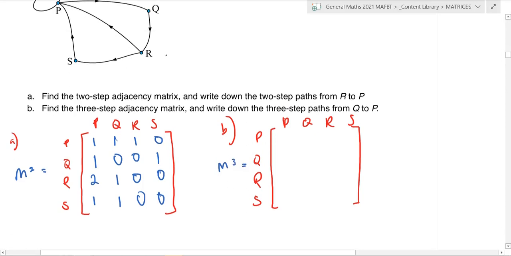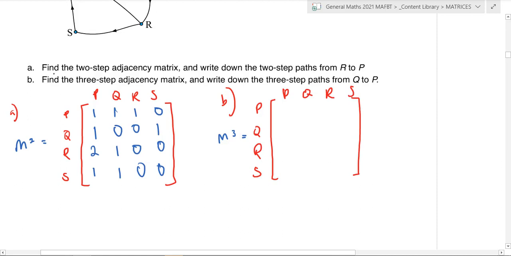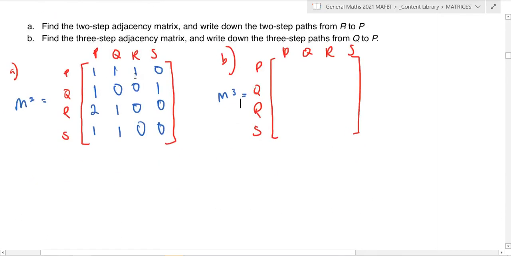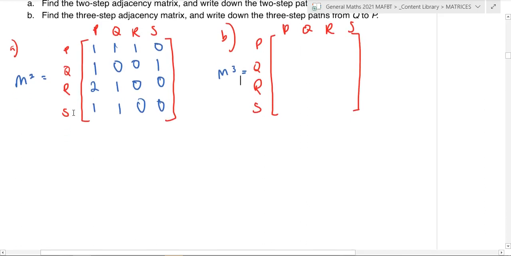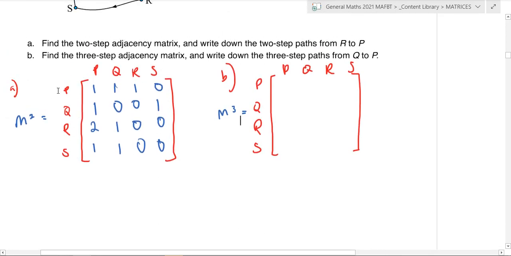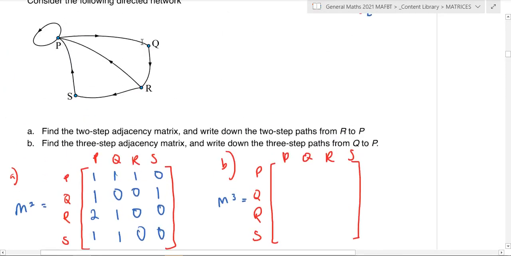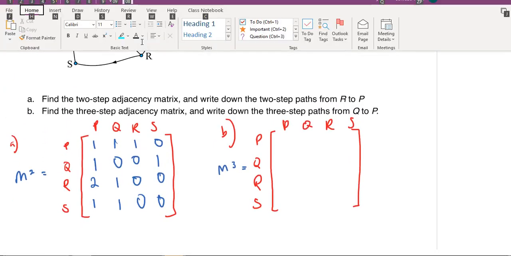Oh, one thing I forgot, by the way. I forgot to answer this: find a two-step matrix and then write down the two-step paths from R to P. Let's answer that. So from R to P, you've got two steps there. Let's write down all of the paths from R to P. Use green for this.